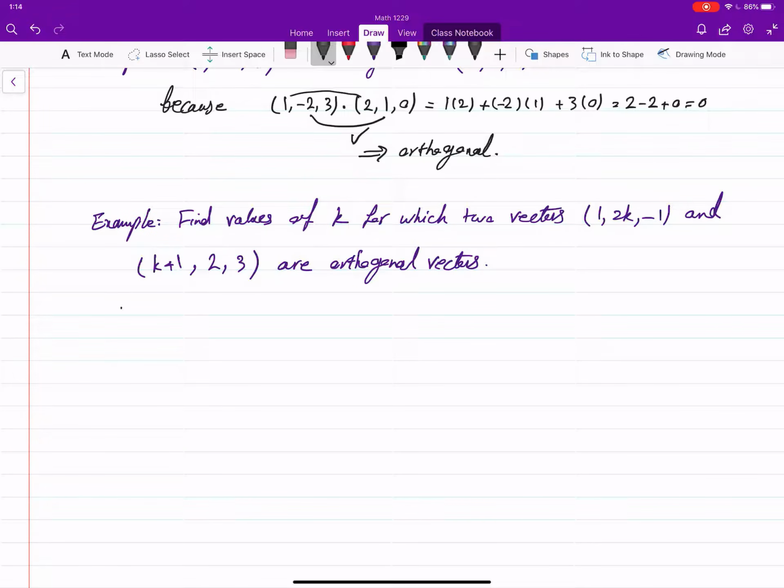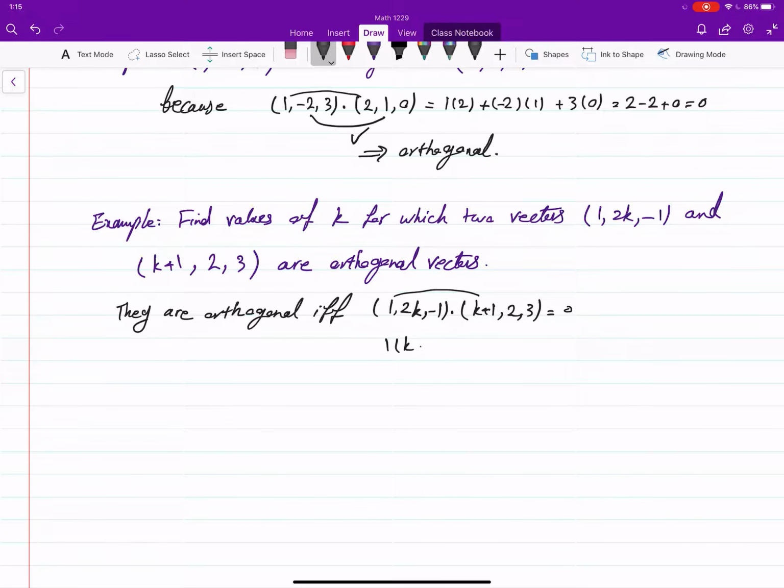We know that they are orthogonal if and only if when you find their dot product, you get 0. So let's find the dot product. What is the dot product? 1 times k plus 1, 2k times 2, and then negative 1 times 3. You add them. This needs to be equal to 0. Well, let's simplify.